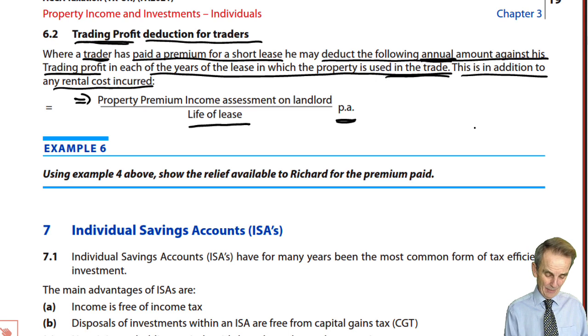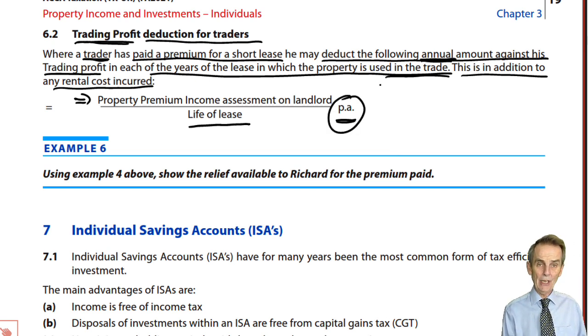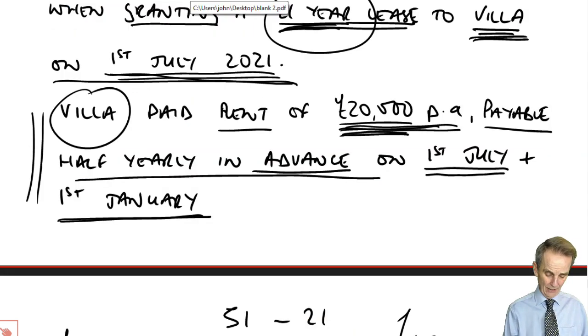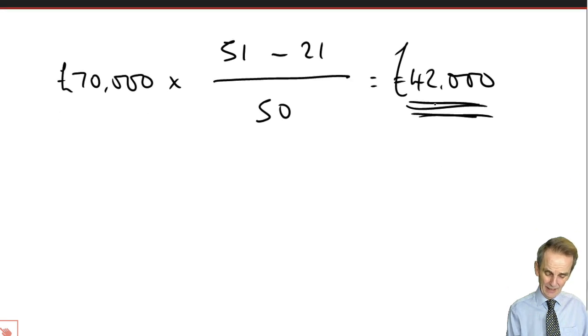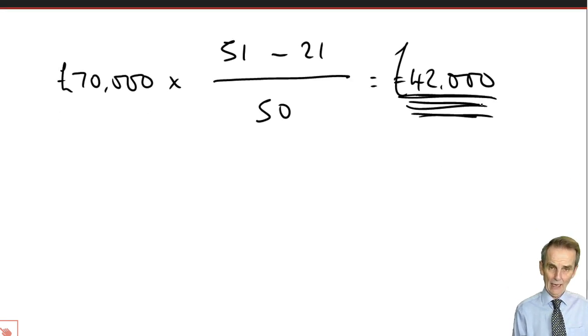If we go back to our note, take the property income assessment on the landlord, divide by the number of years of the lease, and that is the per annum figure. For each year of the lease, that amount of deduction is available against trading income. So what did we work the property income assessment to be? There it is, 42,000.